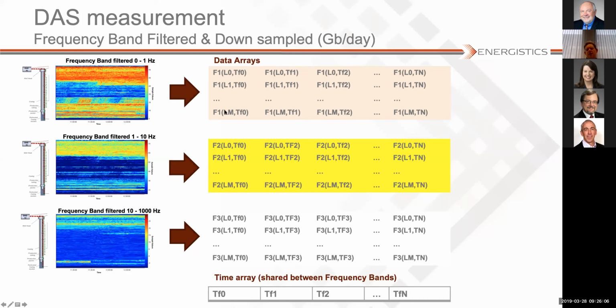So that's the columns again, and on the rows we see the different window times. These can be different from raw data, because often you not only downsample by taking frequencies, but you also average over times to further aggregate the data. All these arrays share the same time, so you'll see that coming back a bit later in the presentation.